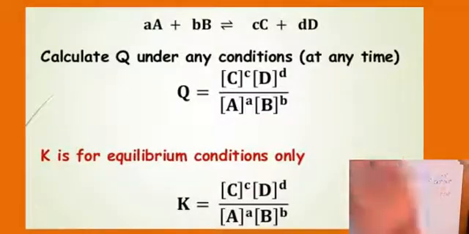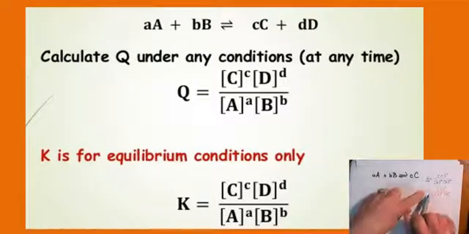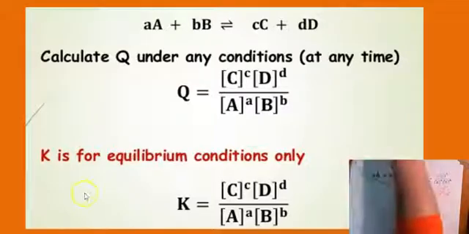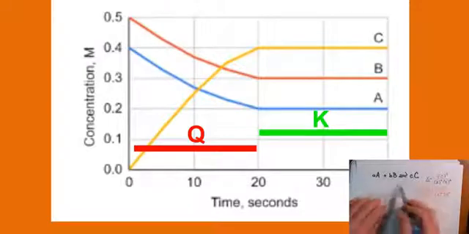So this screen shows us, okay, same equation. It's an application of the law of mass action, but if we're not sure we're at equilibrium, it's Q then. If we take a look at this graph, we can see when the concentrations have leveled off for these different species, then we're at equilibrium.